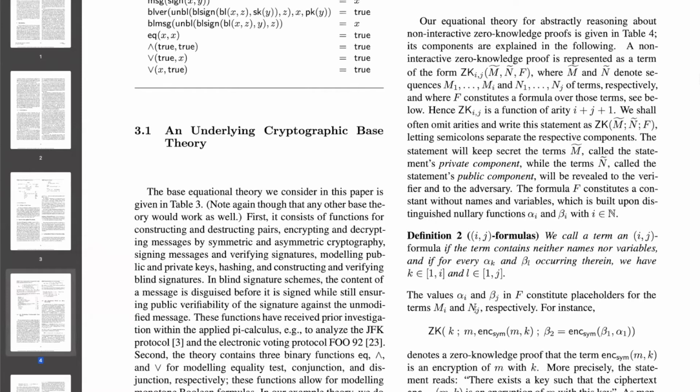So it's a ground term. There's no variables in it, and also there are no names. And if for every alpha k and beta l occurring therein, we have that the indexes fall within the I and J range, respectively. Does that make sense?